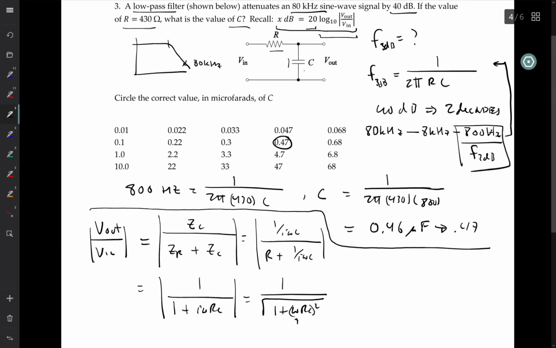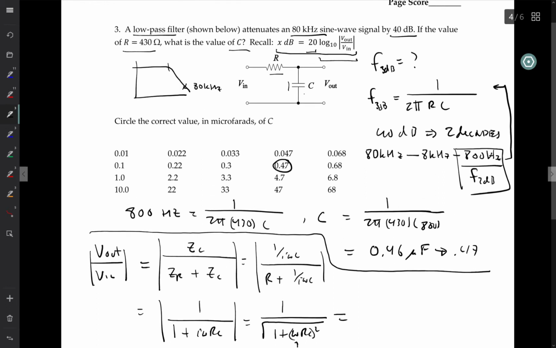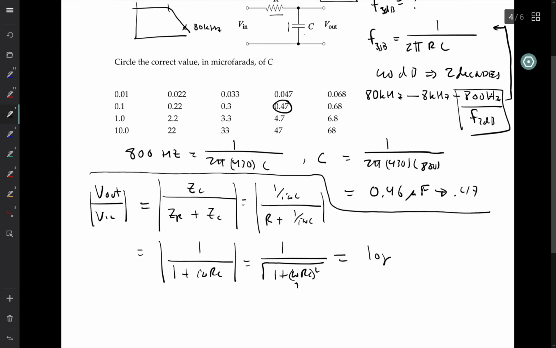I'm going to make this equal to V out over V in, which I know, since this is 40 dB, that the logarithm of V out over V in is going to be equal to -2.